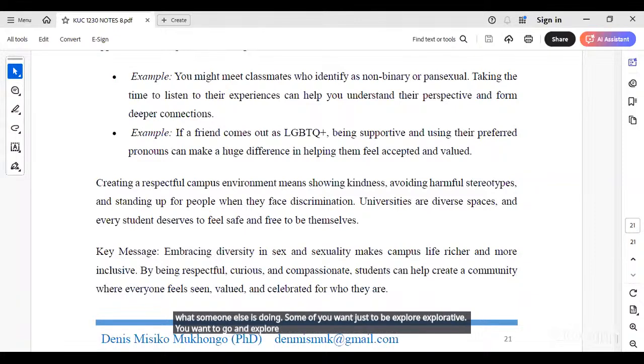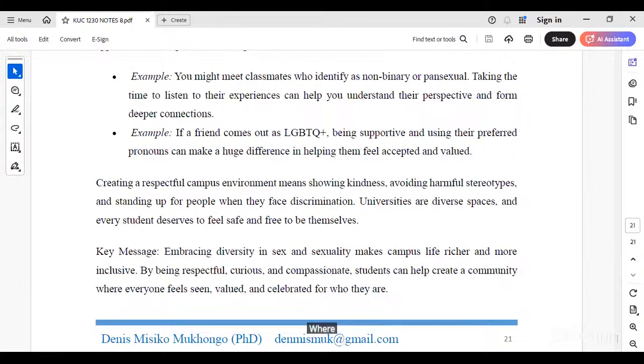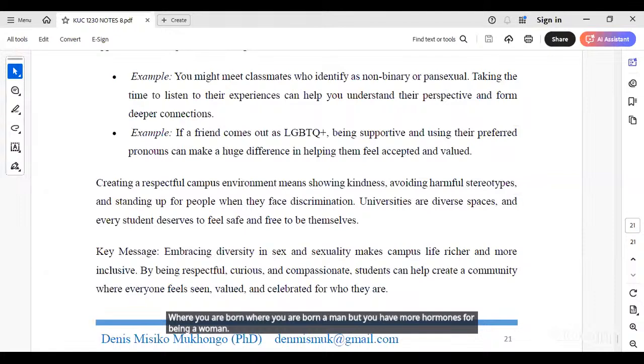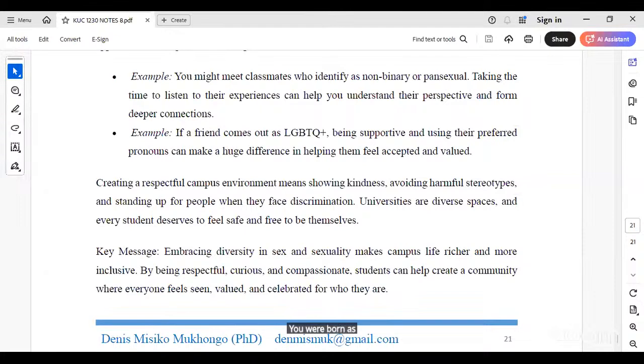But some of this is also biological, where you are born a man, but you have more hormones for being a woman. Okay, you are born a female, but the hormonal imbalance in your body triggers you to be more of a man.